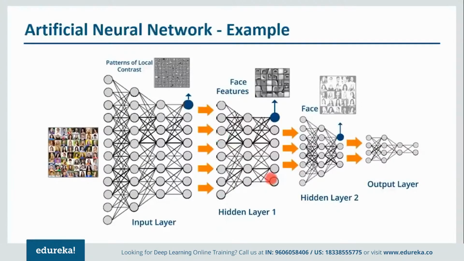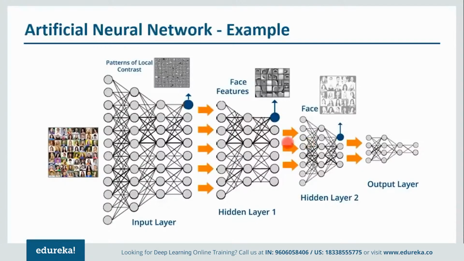We'll recognize eyes, nose, ears, things like that. Then that will again be fed as input to the next hidden layer. In this hidden layer, we'll assemble those features and try to make a face. And then we'll get the output, that is, the face will be recognized properly. If you notice here, with every layer we are trying to get a more abstract or generalized version of the input.